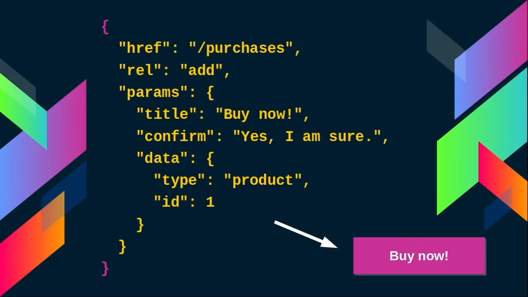But in this case, we are building a buy now button, right? And you're saying, this is the title of the button, this is the confirmation text that you're going to show when someone clicks on it. And finally, this is the data that you're going to send back in the POST request to the server, right?